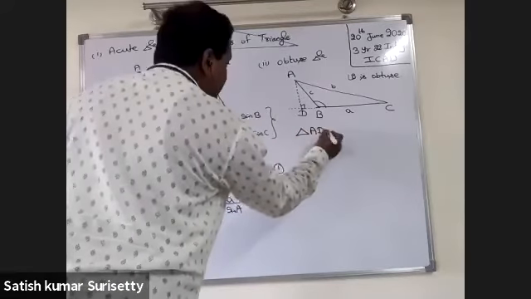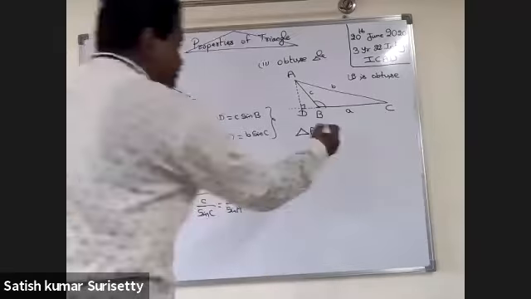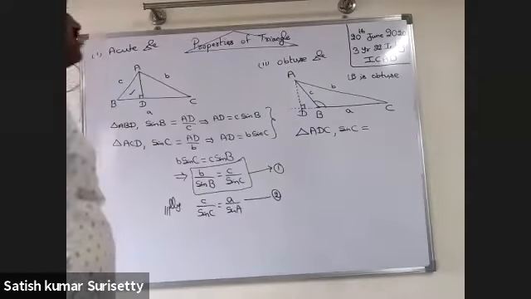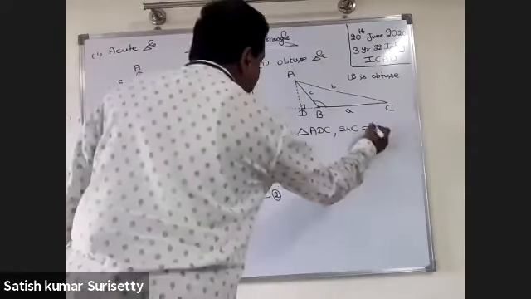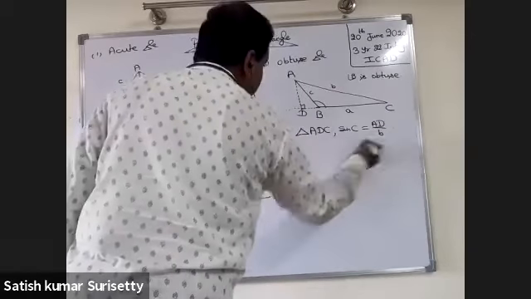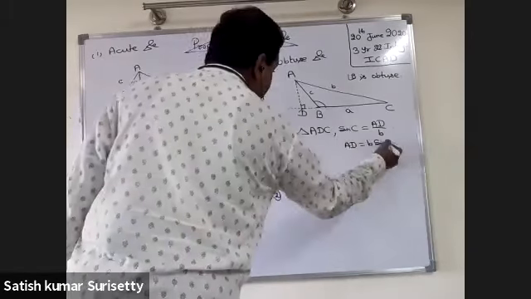Triangle ADC, sin C equal to AD upon b, which implies AD equal to b sin C.